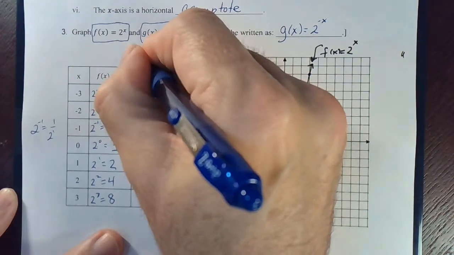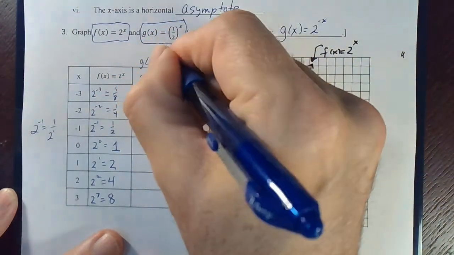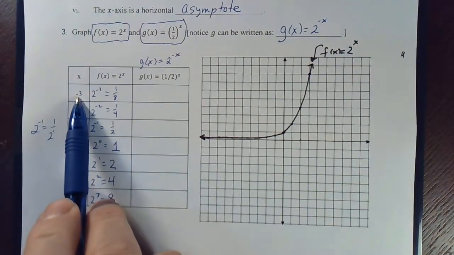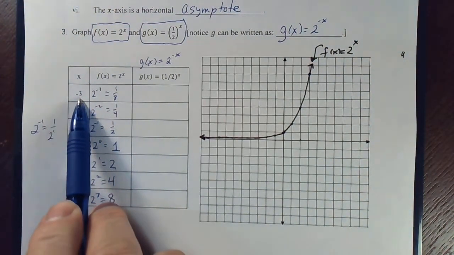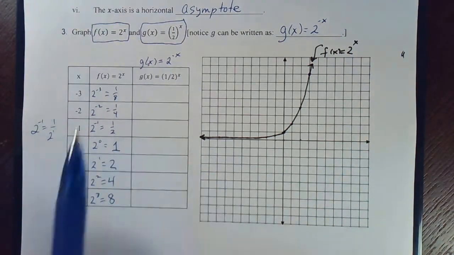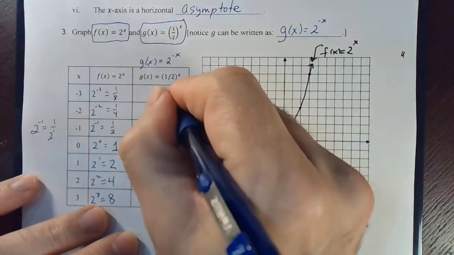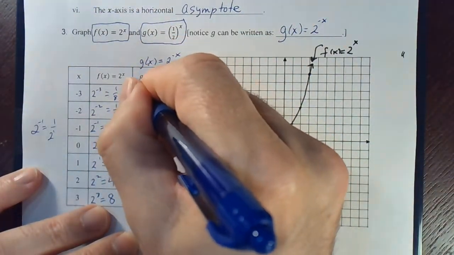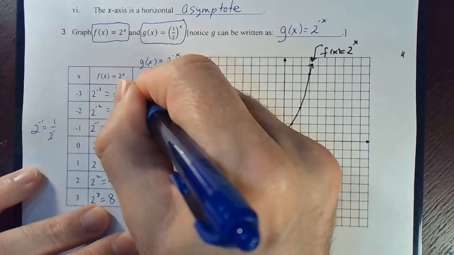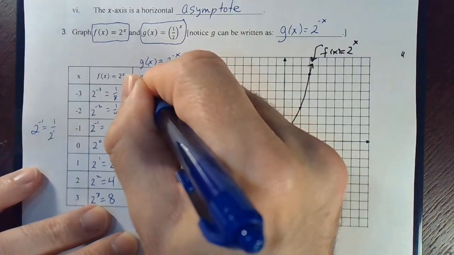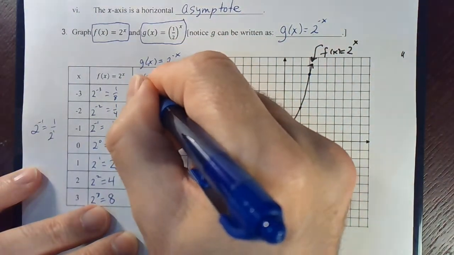If we think of g of x being 2 to the negative x, well, if x is a -3, negative x would be a +3, right? So this is going to be 8. Maybe I'll go ahead and write 1 or 2 of them. I'll write 1/2 to the -3.